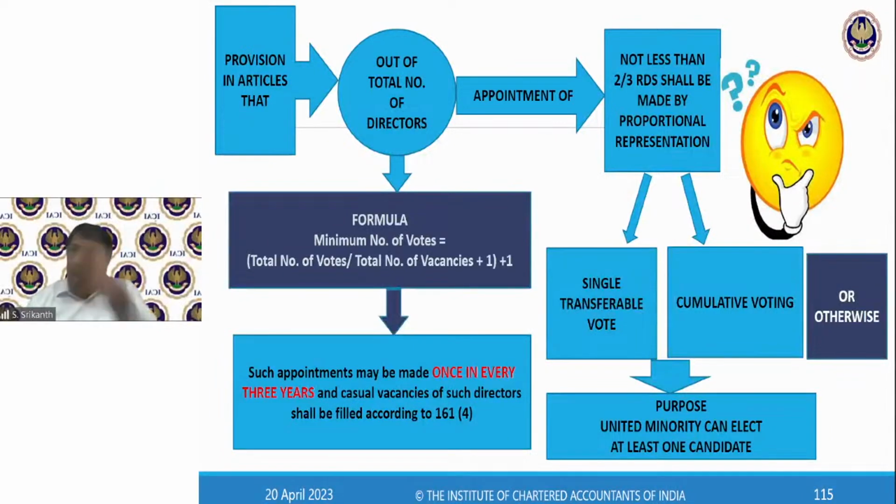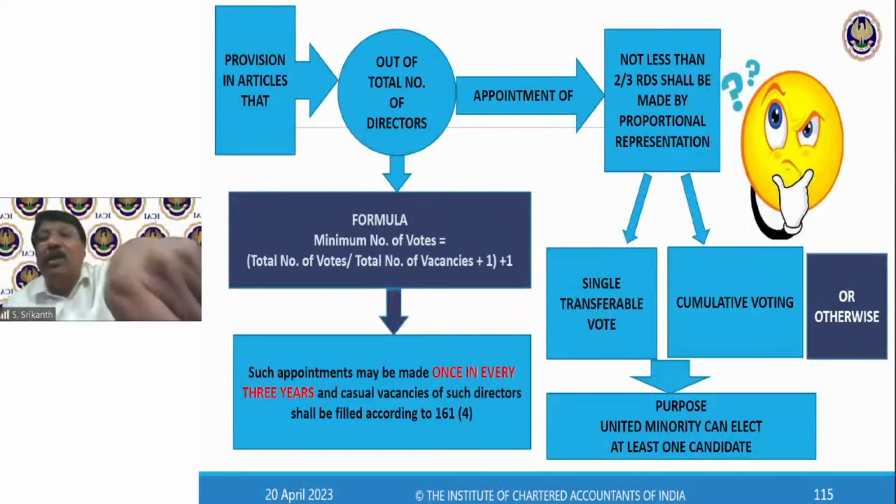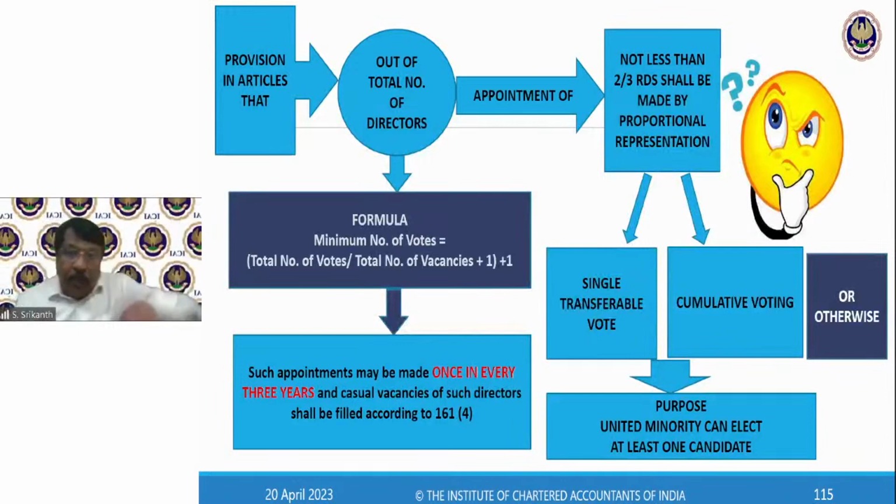No, you saw how we did it now. First you calculate the number, then you decide who will be the remaining, not so liable. Then you decide who are liable. Then based on who are liable, you decide 1/3 and then you decide based on seniority. So it's a long-winded procedure. So you cannot say he is a non-rotational director. That is wrong. Nobody is rotational or non-rotational. All that comes only at the time of computation.